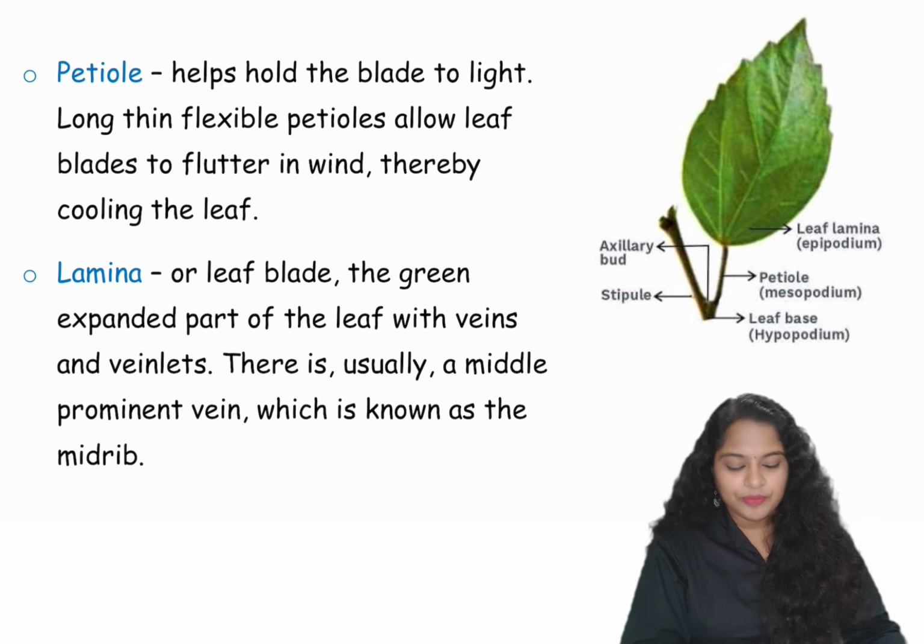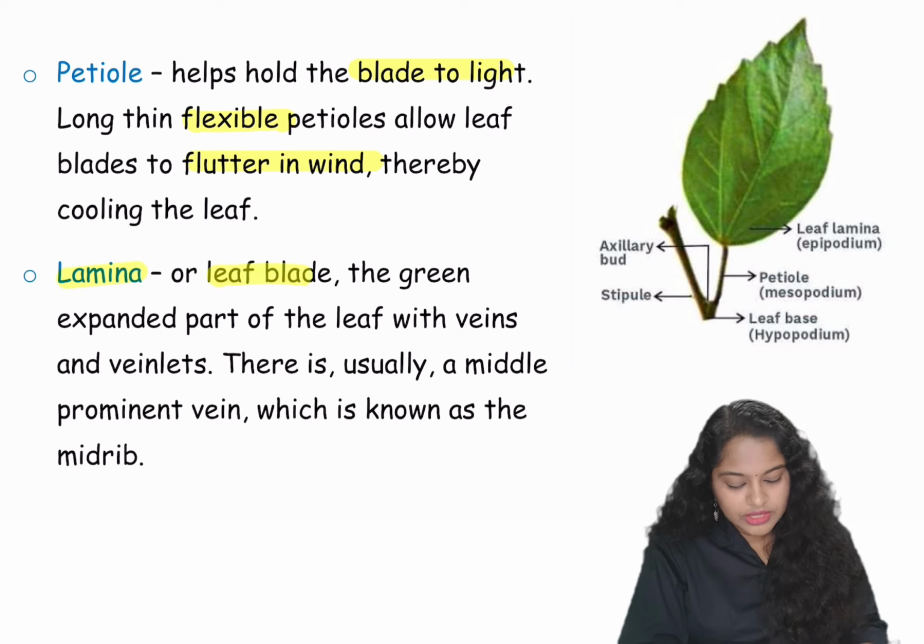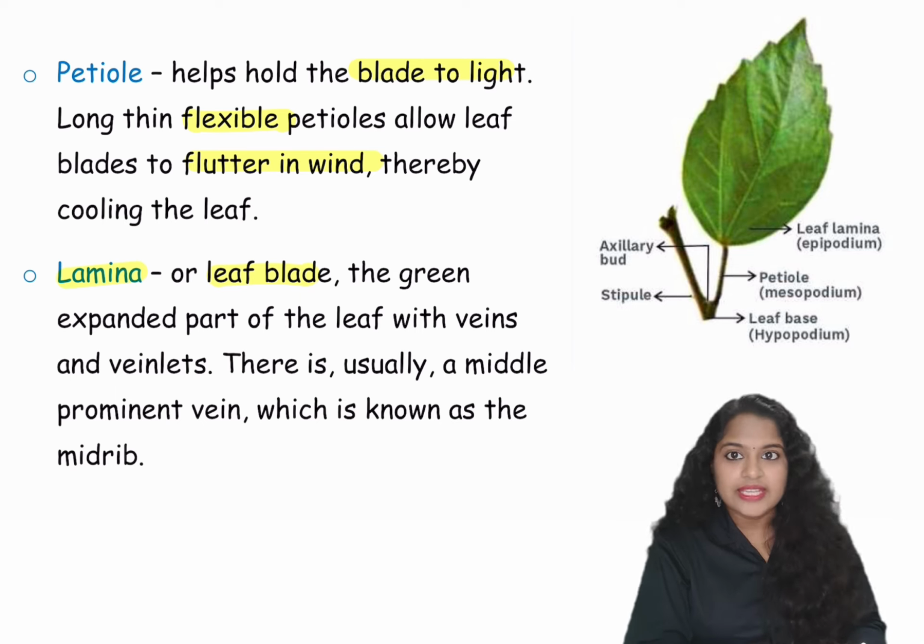Coming to the petiole. The petiole holds the blade towards the light, so that the plant can get enough sunlight for photosynthesis. The petioles are flexible, which allows the blade to flutter in the wind, thereby cooling down the leaves. Next is the lamina or the leaf blade. The leaf blade is the green extended part of the leaf which contains veins and veinlets. The middle prominent vein is known as the midrib.